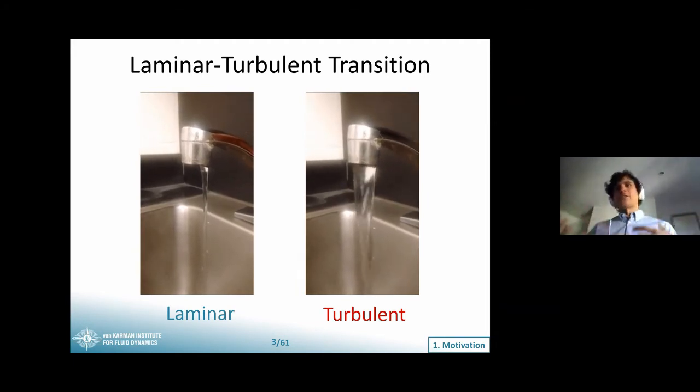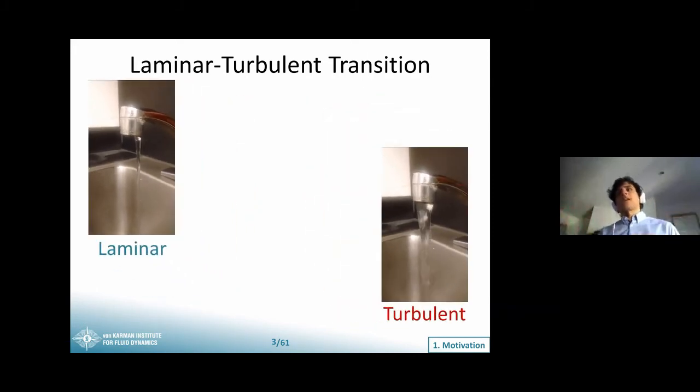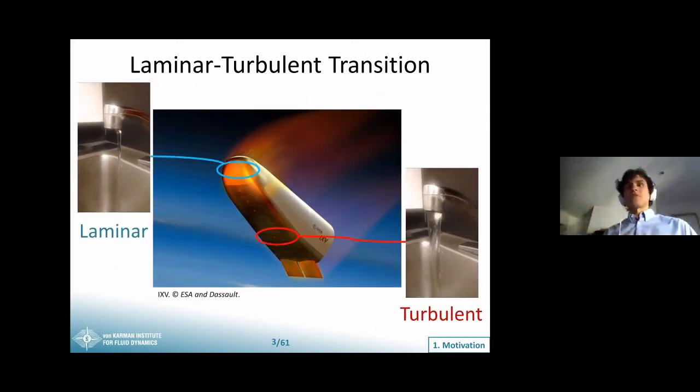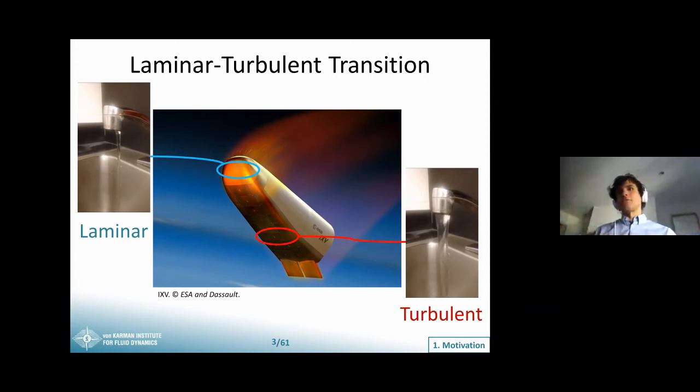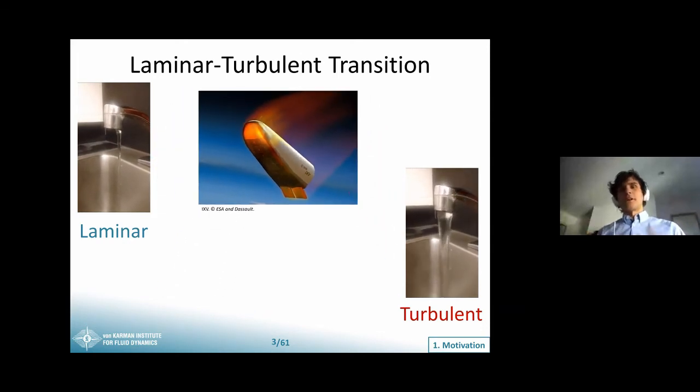This phenomenon that we can observe in our everyday life is the same that actually happens in more complex systems, such as an atmospheric entry vehicle. What we have is that close to the tip of the vehicle, we have a laminar flow, and after a certain extent, it becomes turbulent. The same happens on an airplane wing.